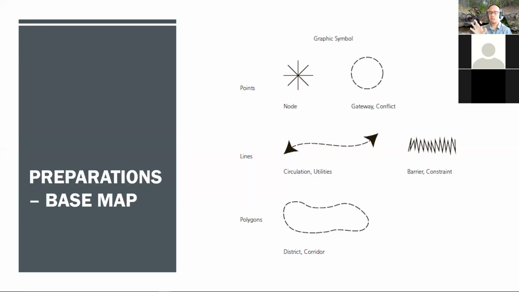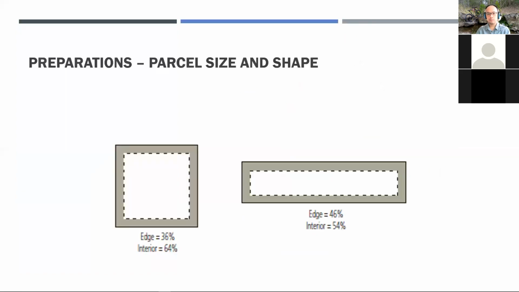So once we have the base map more or less ready, we can start to consider other things. The first thing I would recommend considering is the parcel size and shape. Now, land development and land redevelopment occur over a range of different site scales. A single-use commercial project, for example, can be designed and implemented on a site of less than a hectare.